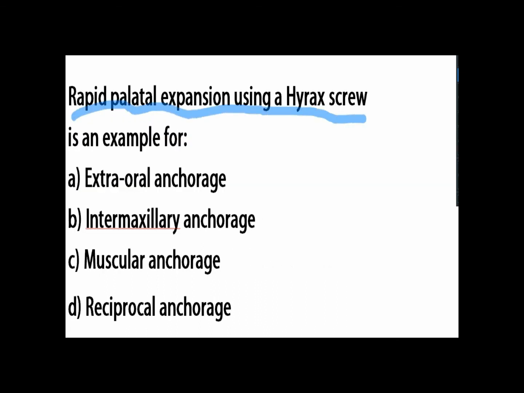Now, rapid palatal expansion using a Hyrax is an example of reciprocal anchorage. What is reciprocal anchorage? It refers to the resistance offered by two malposed units when equal and opposite forces tend to move them towards each other.